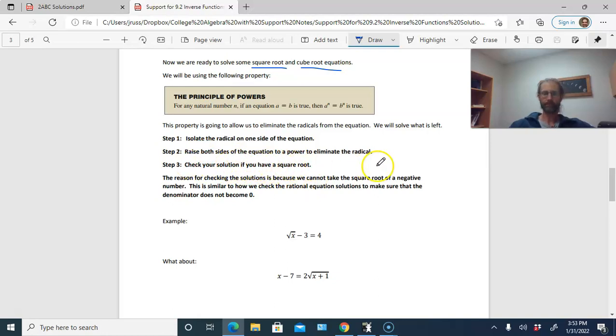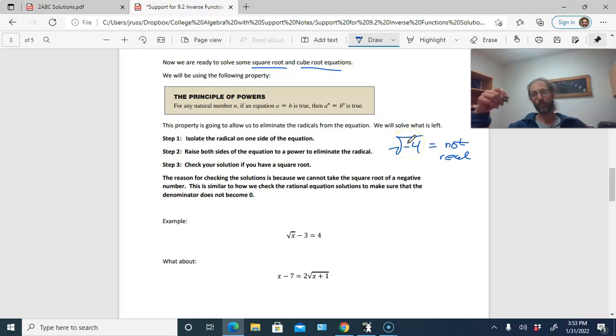Okay? And I put down here, the reason we want to check is because we cannot take the square root of a negative number. We didn't really talk about this, but if you try to take, for example, the square root of negative 4, well, that's not a real number. Okay? Because there is no number that when you square it gives you a negative.